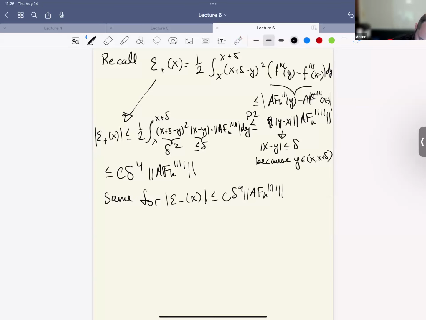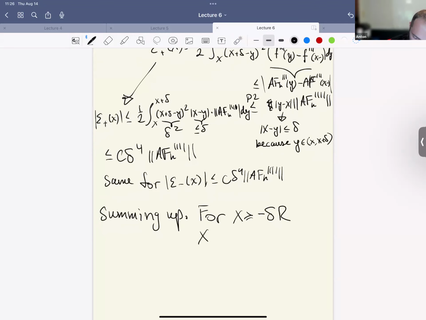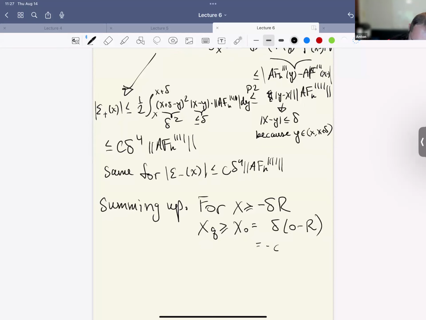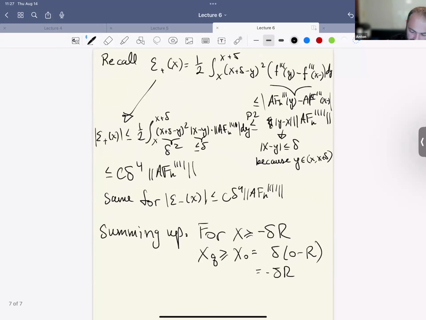Okay, summing up. For x bigger than or equal to negative delta r. Where is this negative delta r? Because we said x sub q is bigger than or equal to x naught, which is negative delta 0 minus r, not negative delta, simply delta. Okay, this is the normalized version of the zero customer state. We have done all of this.